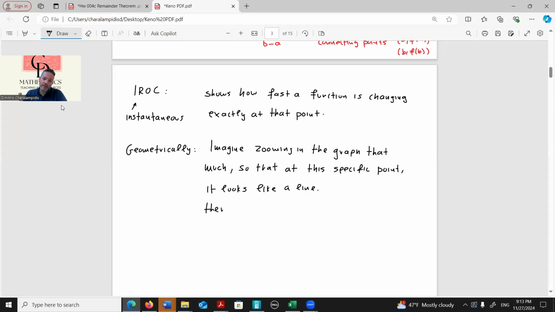Then the instantaneous rate of change will be the slope of that line.